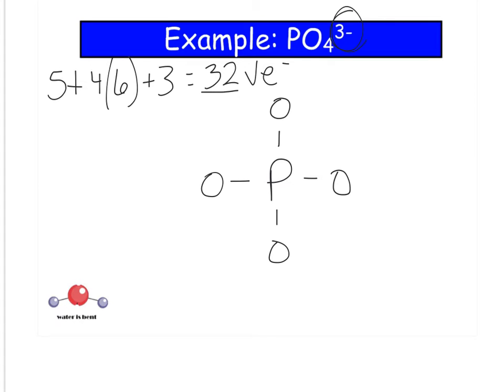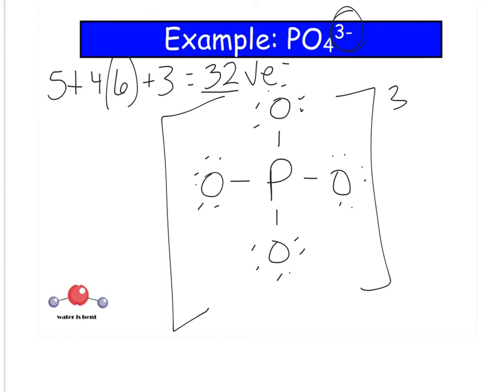So I've used 8, 9, 10, up to 32. Okay, so I've used all my electrons. Each element has 8 electrons around it. That means everybody's happy. And since this is an ion, I need to put brackets and the charge around it.